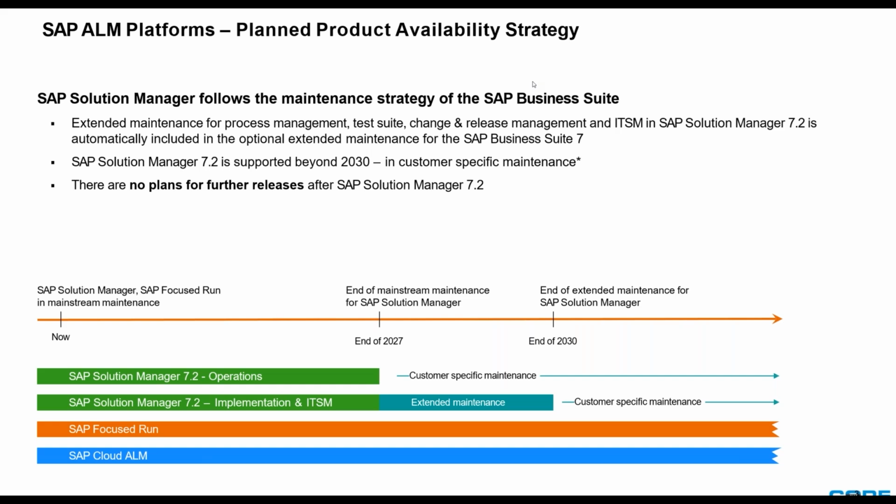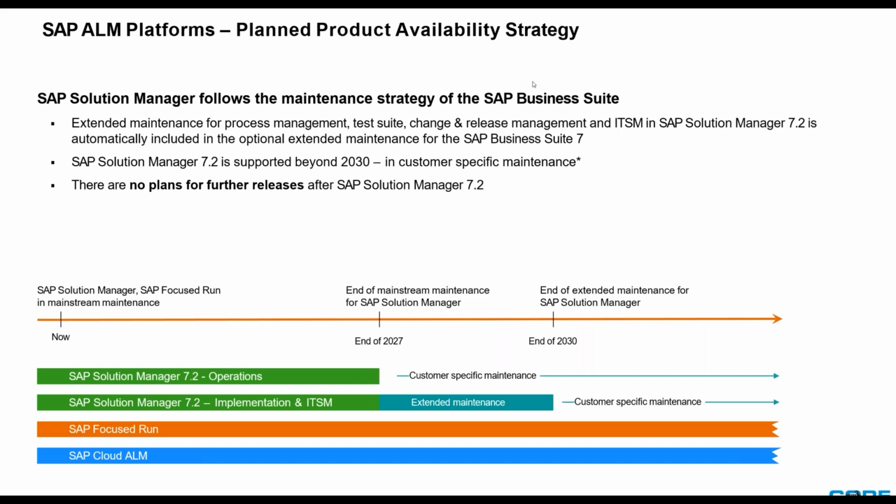From an implementation and ITSM perspective, so anything such as Focused Build, Test Suite, change and release management, or ITSM, that will automatically be included in an extended maintenance until the end of 2030. After that, it will only be for customer-specific maintenance.